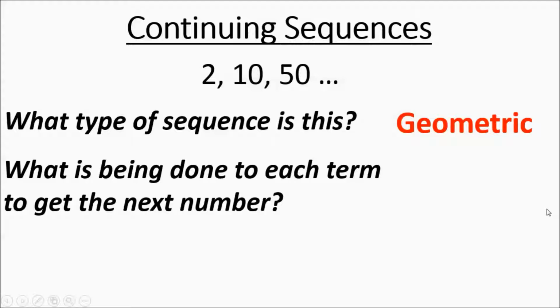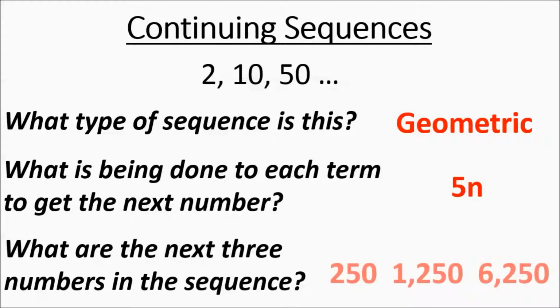So we're taking each term and we're multiplying it by 5 to get the next number. So the next 3 numbers would be 250, because 50 times 5 gives me the 250, and then that times 5 gives me 1,250, that times 5 gives me 6,250.